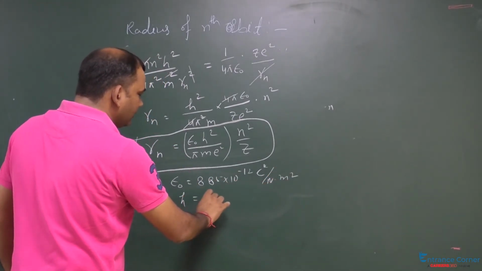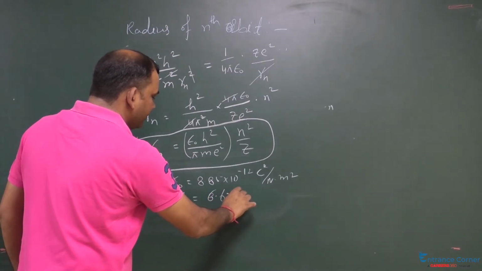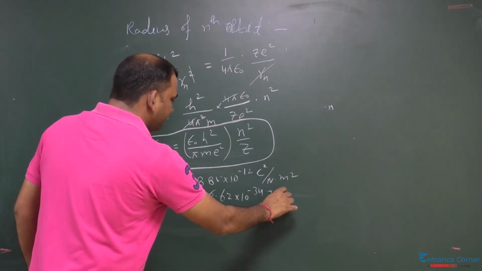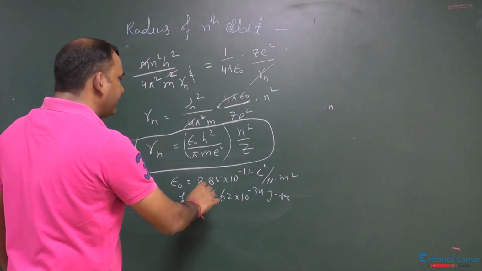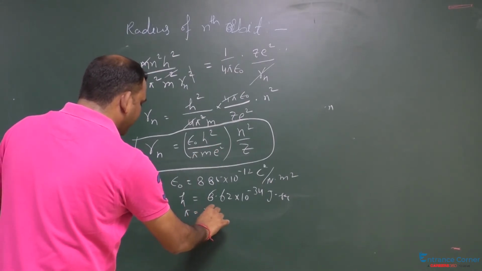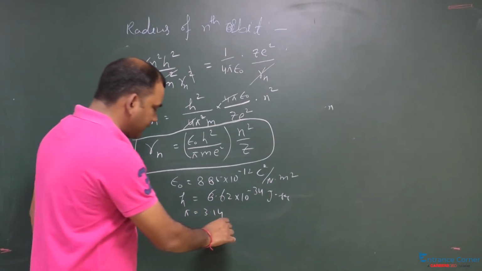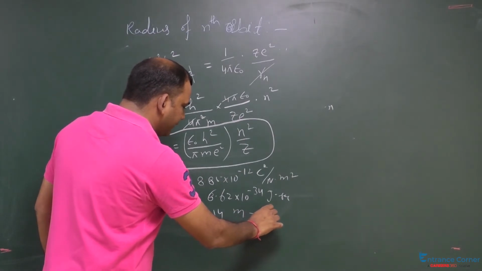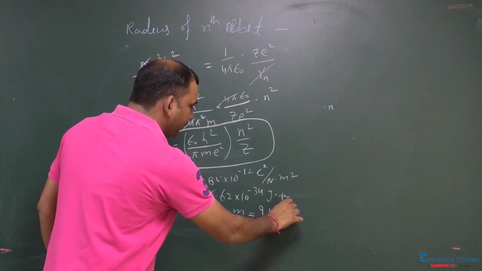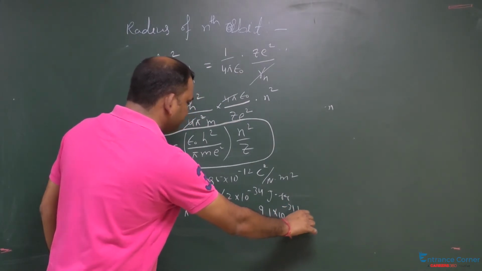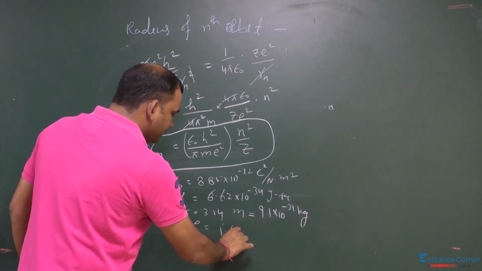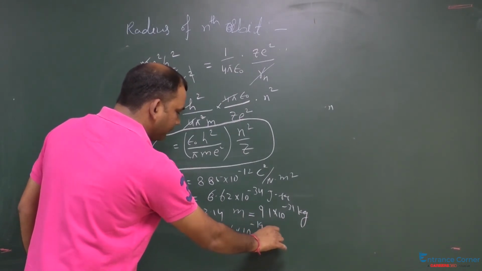That is equal to 6.62 into 10 raised to power minus 34 joule second, and pi is a constant value, equal to 3.14, and mass m is mass of electron, equal to 9.1 into 10 raised to power minus 31 kilogram, and e is charge on electron, equal to 1.6 into 10 raised to power minus 19 coulomb.